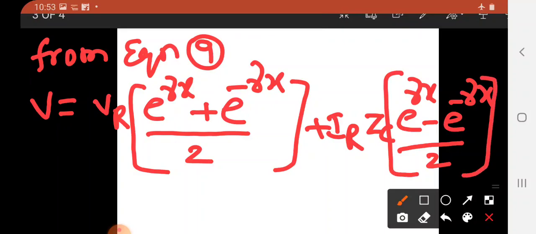Yes, you can see V is equal to A into VR plus B into IR. That means we got the AB constants of the long transmission line. And what is the value of e power gamma x plus e power minus gamma x by 2?